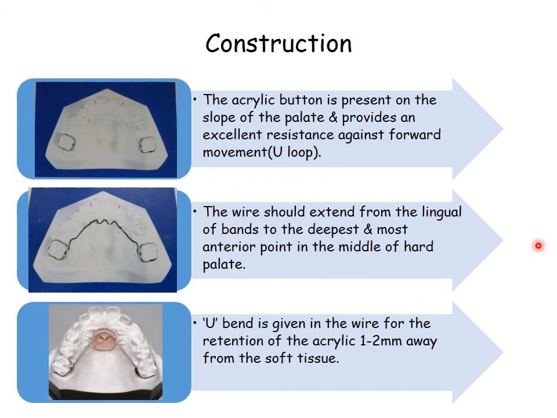So the construction: the acrylic button, what you see here, is present on the slopes, and it provides excellent resistance. Then the wire, as you can see in this picture, extends from the lingual surface of the bands to the deepest and the most anterior part in the middle of the hard palate.